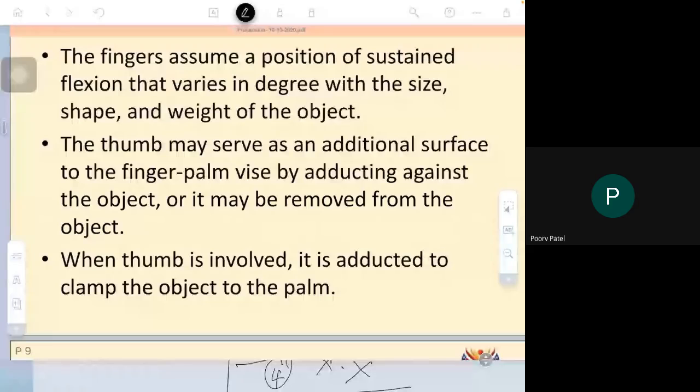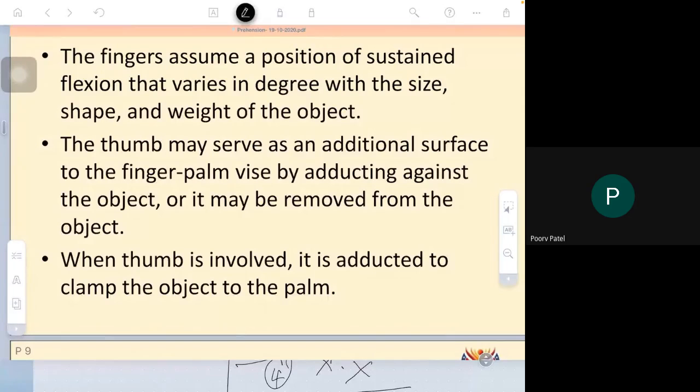So what I have told already, the thumb may be used or it may not be used. It may participate or it may not participate. If the thumb participates, it will serve as an additional surface.